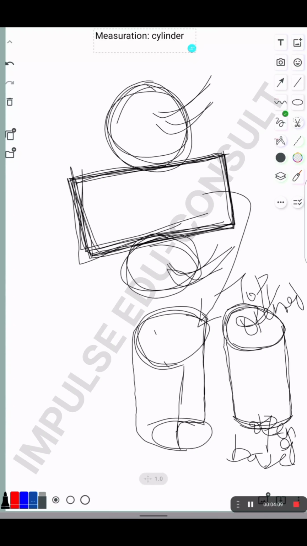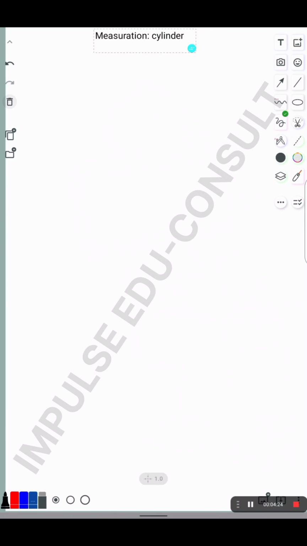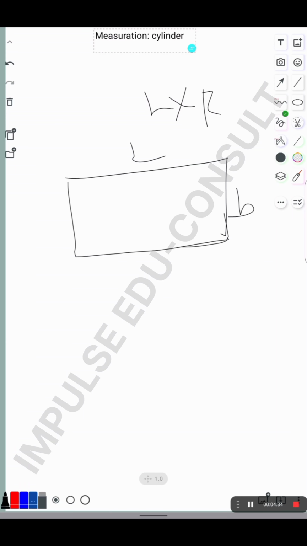If I'm to get the area, normally for a rectangle, we say length times breadth. Let me clear this. This is the curved surface that looks like a rectangle. Normally we say for a plane shape which is a rectangle, length times breadth is the area, right?